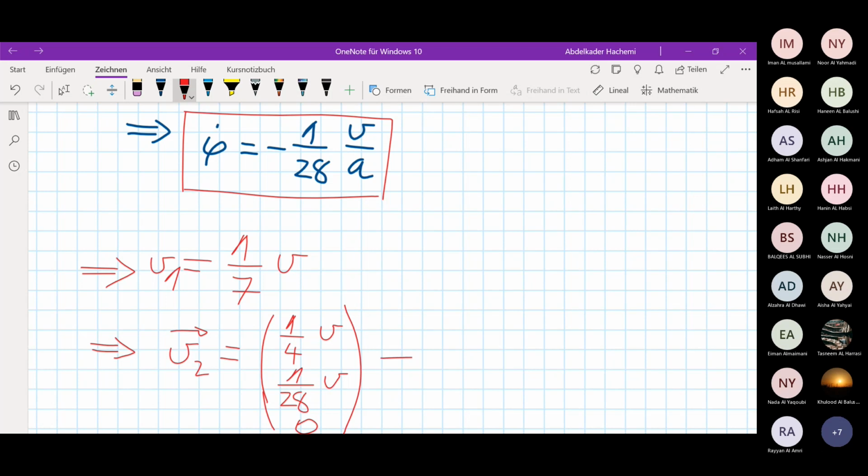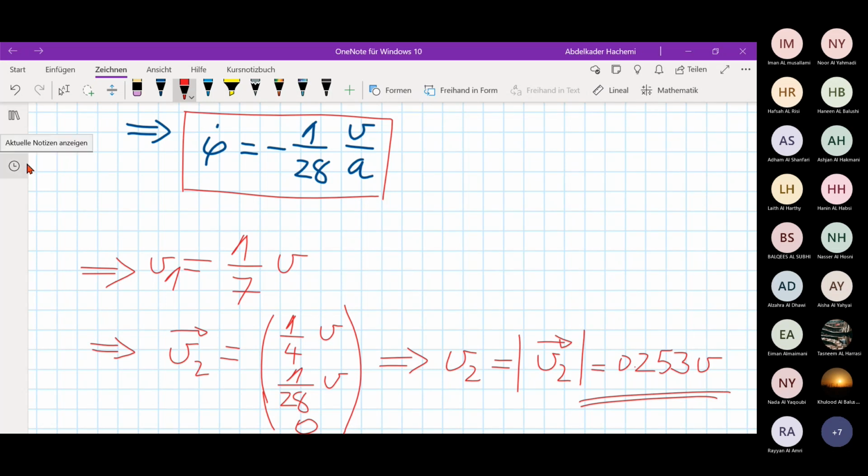Then if we have to determine the magnitude of V2, it's only the magnitude of V2, and this will give the value of 0.253 V. This is the value of the velocity V2.